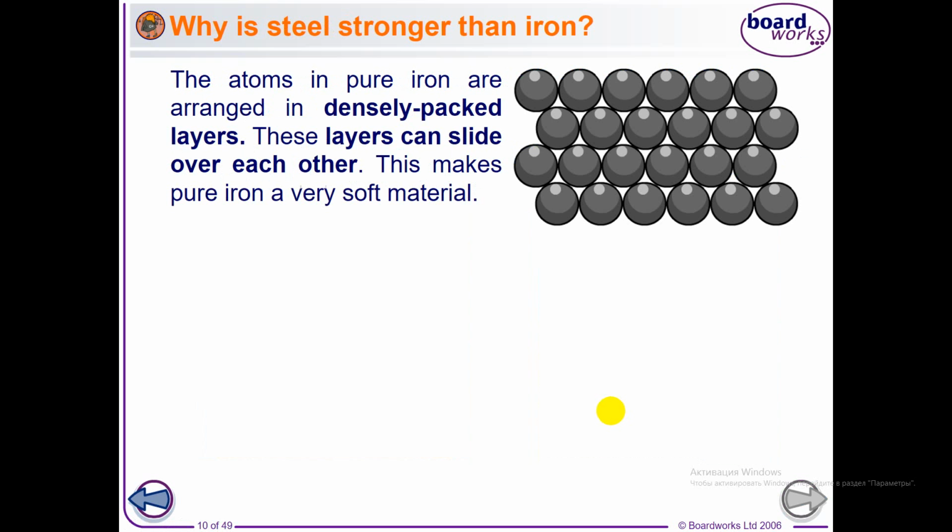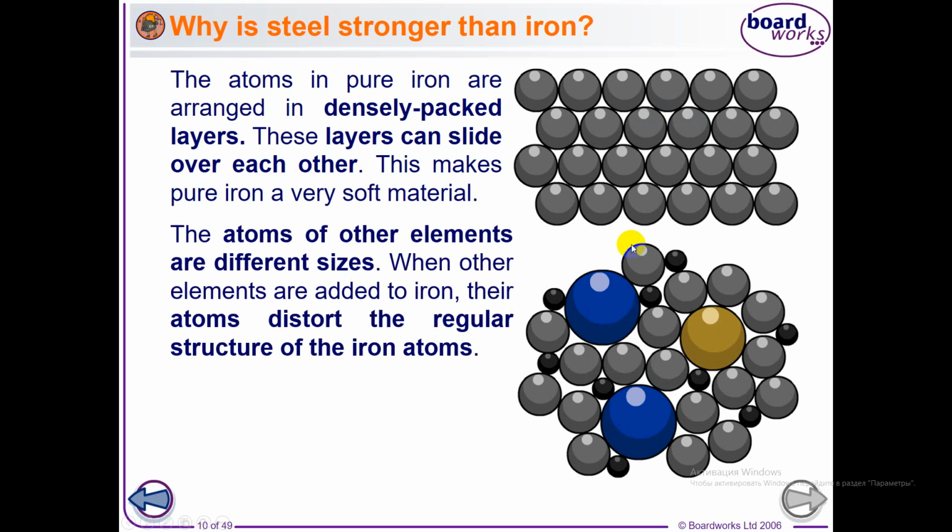And why is steel stronger than iron? The atoms in pure iron are arranged in densely packed layers. These layers can slide over each other. This makes pure iron a very soft material. The atoms of other elements are different sizes.